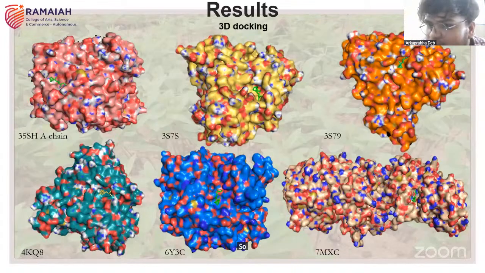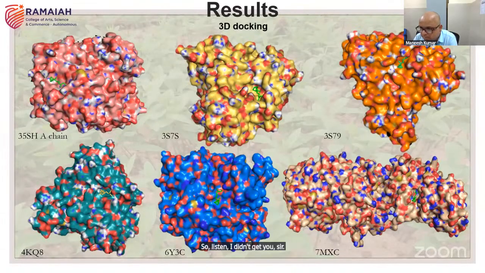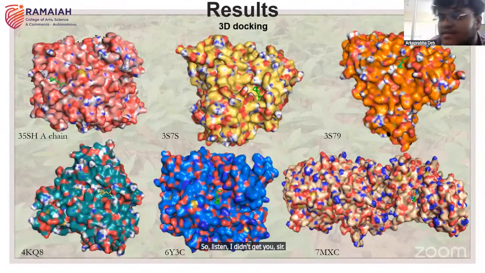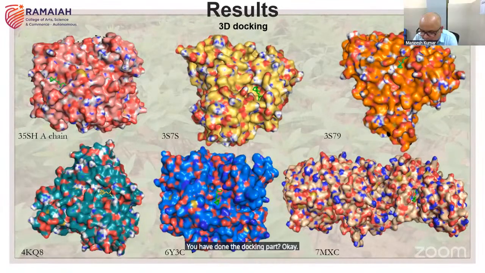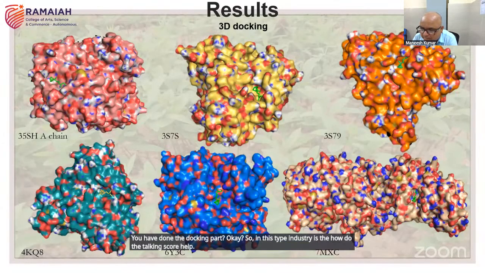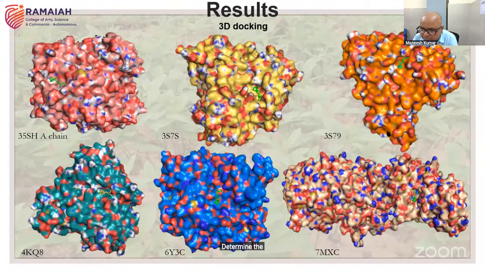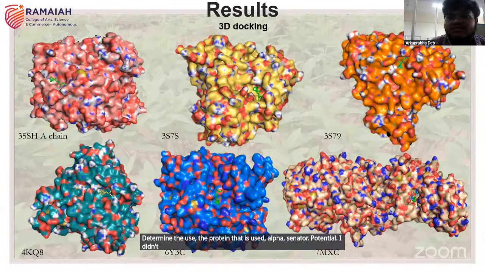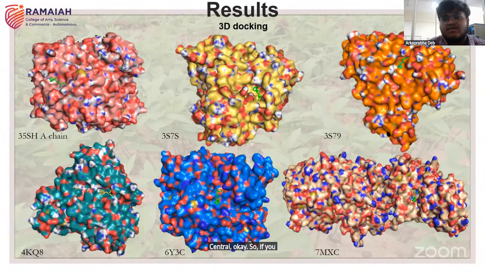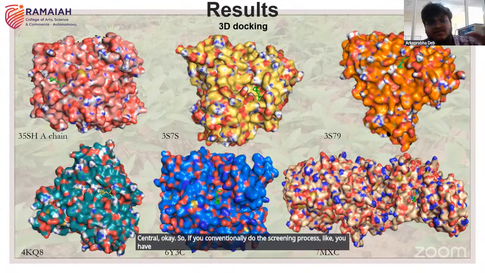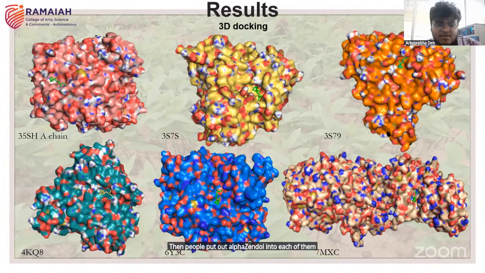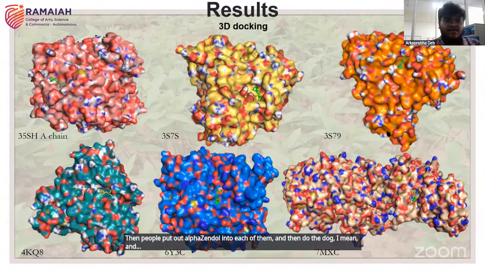Conventionally, in the screening process, you have to take each individual cell line, pipette alpha santalol into each of them, and see if it inhibits the growth of cancer cells.